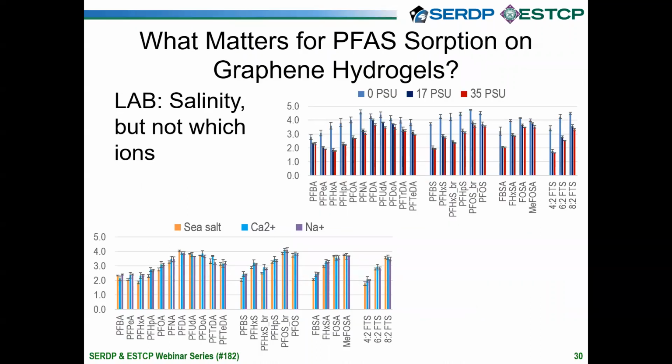The first was the question of whether the influence of salinity or salt will affect the functioning of the sampler. And so the graph on the right, top half of the screen, basically shows partitioning to the nanographene if there's no salinity, fresh water in light blue, half salinity as compared to ocean water, and full ocean water in red.